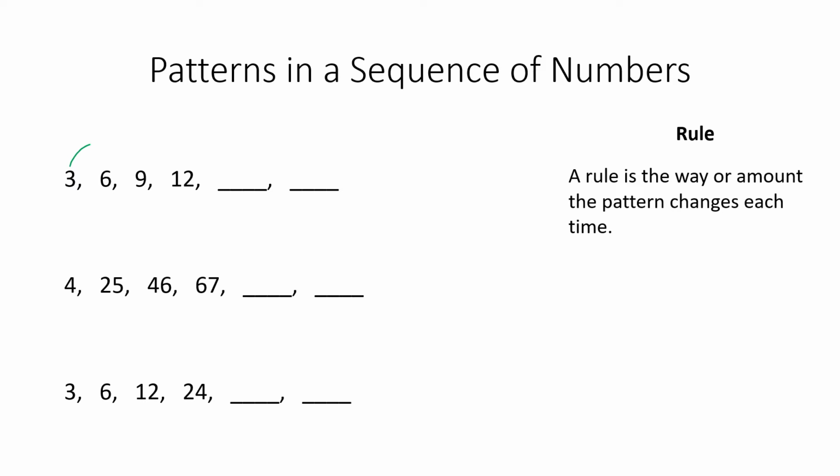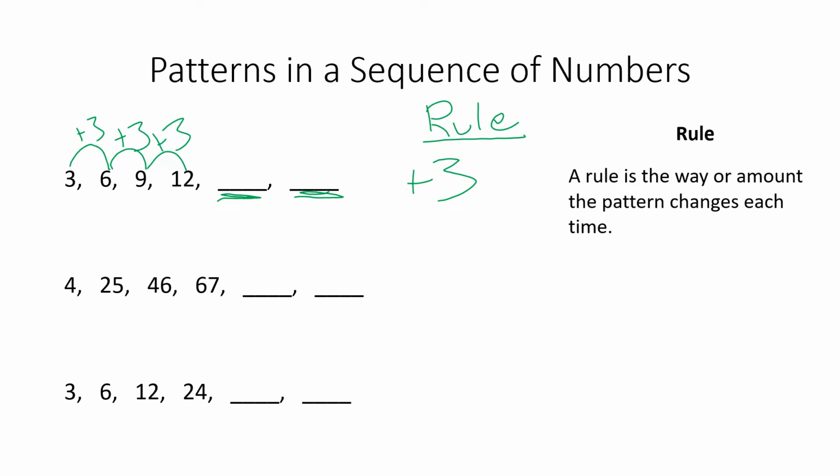So I see that going from the 3 to the 6, that was plus 3. Now in my pattern, I know that 6 plus 3 equals 9. And let's think, 9 plus 3 equals 12. So the rule in this pattern is plus 3.